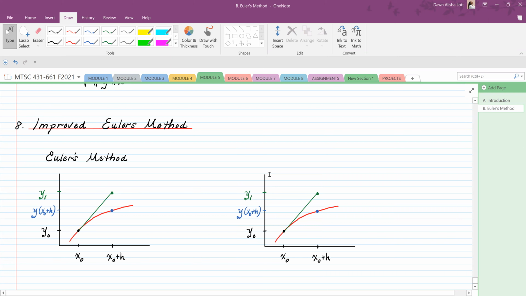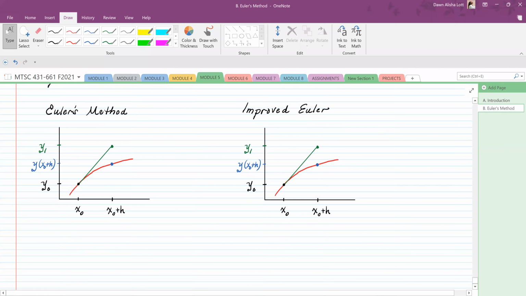Okay, so improved Euler says instead of doing that, what I'm going to do is first compute K1, where K1 is the slope.